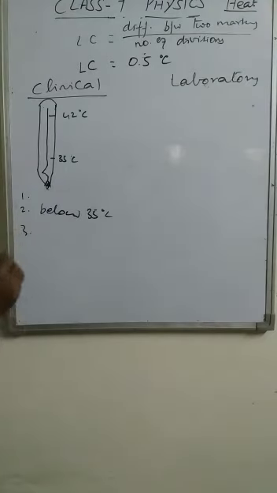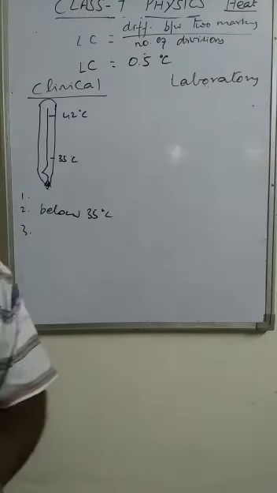And then this thermometer should always be sterilized. For that, it is kept in antiseptic solution. Doctors always keep this thermometer inside a bottle containing some liquid. It is the liquid which sterilizes the surface of the thermometer. Why should it be sterilized frequently?